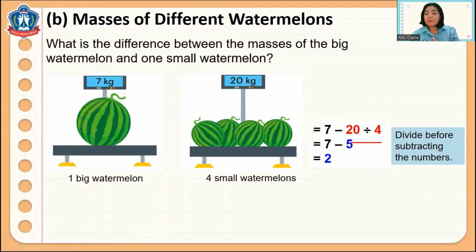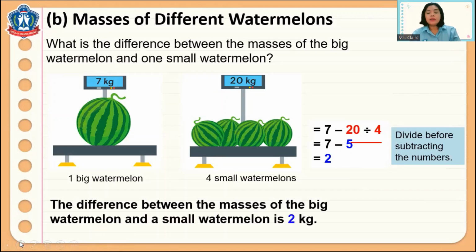We will divide first the 20 by 4 to get the mass of one small watermelon. That is 5. So we can subtract now. 7 minus 5 is 2. So the difference between the mass of the small and big watermelons is 2 kilograms. If we have a problem like this, we will do division first, followed by subtraction.